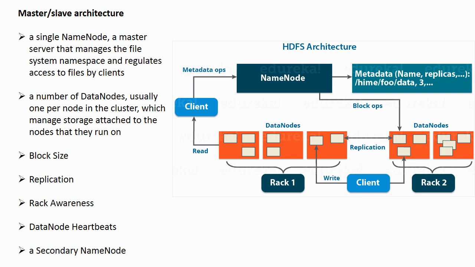It will distribute those data to the other nodes, and then it will stop sending further requests or further data to that data node. So this is again how fault tolerance is achieved. We will go into the details soon.